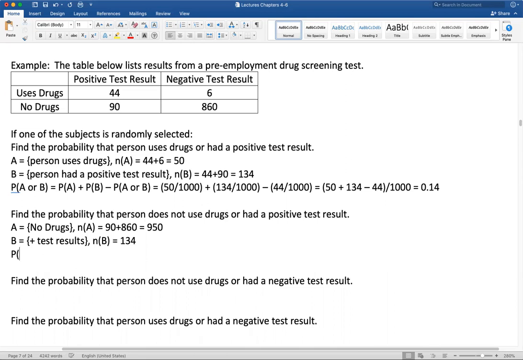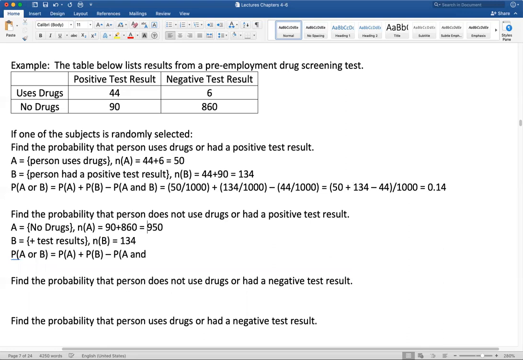Okay, so now the probability of A or B is equal to P of A plus P of B minus P of A and B. Sorry, it should be A and B. So that is equal to 950 divided by 1000, plus 134 divided by 1000, minus... how many persons don't use drug but had a positive test result? 90, right?